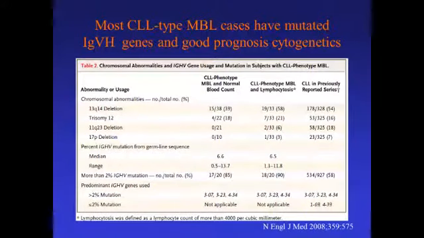Now this is a bit busy, but it's a great table. It appeared in this New England Journal paper where they were looking at progression of monoclonal B-cell lymphocytosis cases. They divided their cases into those without lymphocytosis and those with lymphocytosis. Lymphocytosis was defined as a lymphocyte count greater than 4,000 per microliter.